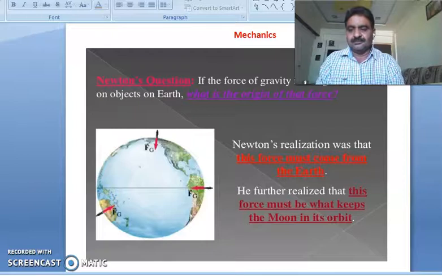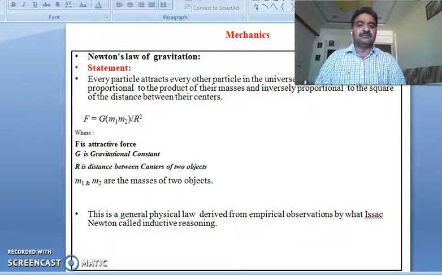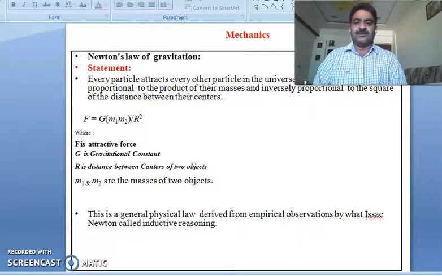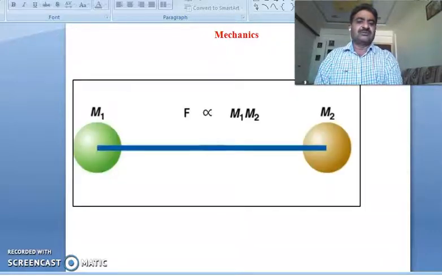Then let's turn towards the statement of Newton's law of gravitation. Newton's law of gravitation states that every particle attracts every other particle in the universe with a force which is directly proportional to the product of their masses and inversely proportional to the square of the distance between their centers.